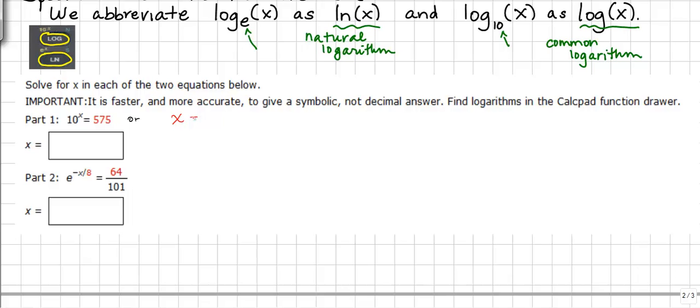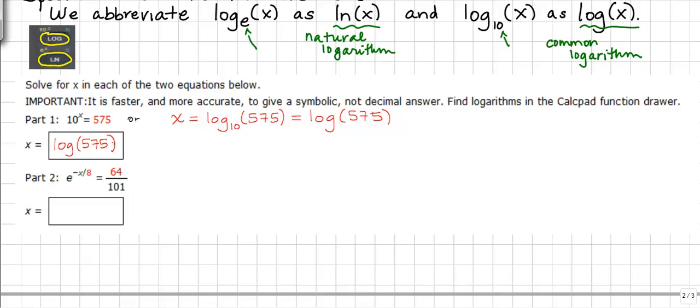So the exponent x will be log base 10 of 575, which you can type in the way I've written it here, or you can shorthand log base 10 as log 575. The question stipulates that you give a symbolic answer and not a decimal answer, so we can type either one of those in as our solution.